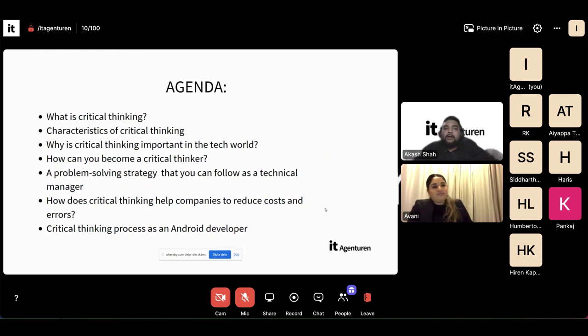Today we're going to cover a few pointers such as what is critical thinking, what are the characteristics of critical thinking, why is critical thinking important in the tech world, how can you become a critical thinker, a problem-solving strategy that you could follow maybe right now if you are a technical project manager, or maybe moving forward if you take that path in your career. And how does critical thinking help companies to reduce cost and errors? And last would be the critical thinking process as an Android developer.